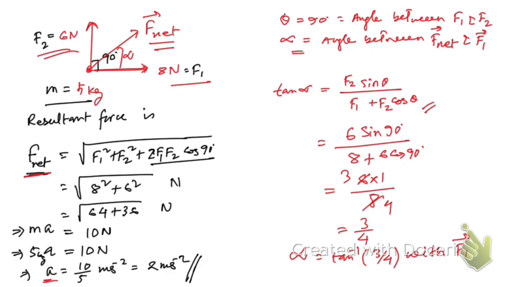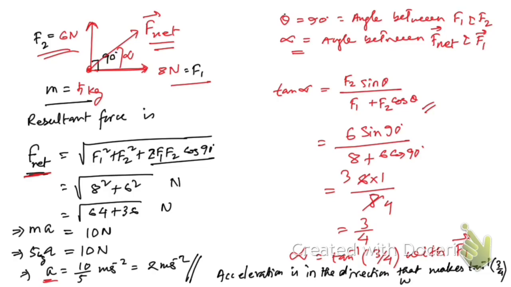So what we have to write: acceleration is directed, or you can write this way, acceleration is in the direction that makes tan inverse 3 by 4 with the force F1, which is equal to 8 Newton. Hope you have understood this.